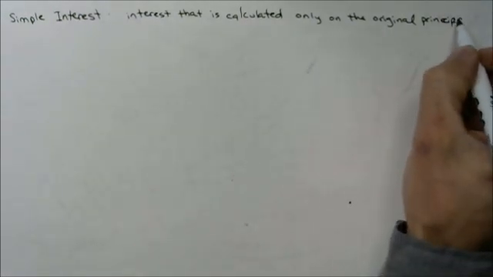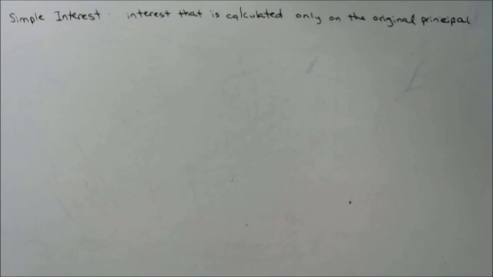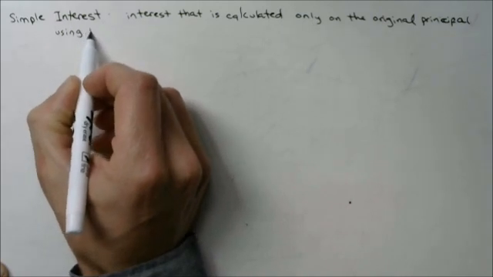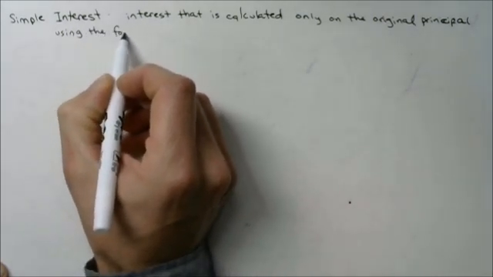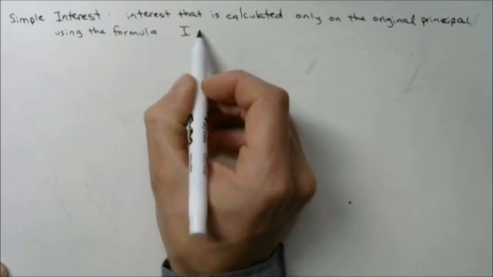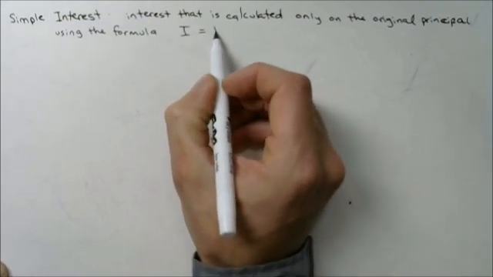Let's not write that. Interest that is calculated only on the original principal using the formula I equals PRT.